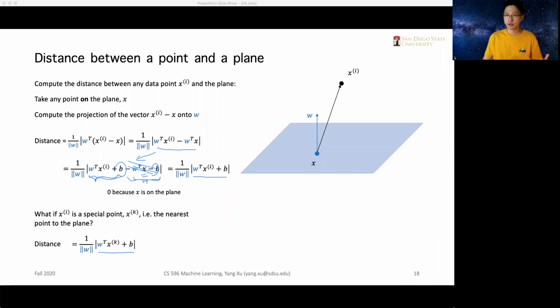Without these additional constraints, the hyperplane can have an infinite number of expressions. Right? We can simply multiply one expression by a constant number, times 2, times 3, times 4, and that still gives us the same hyperplane, which is of the same shape, right?